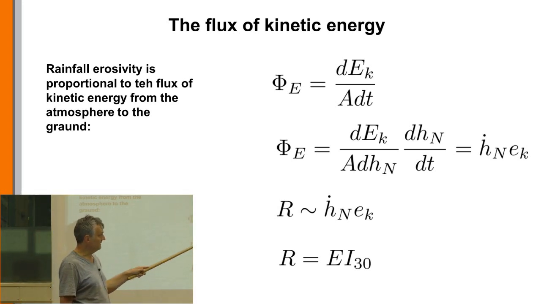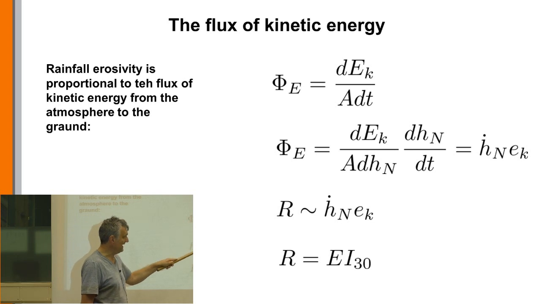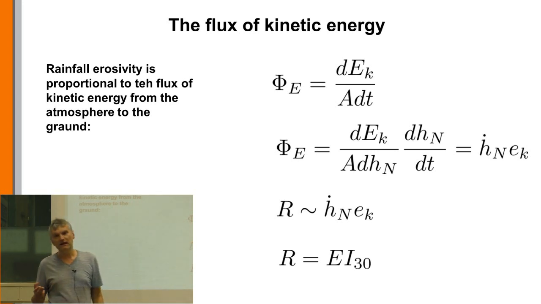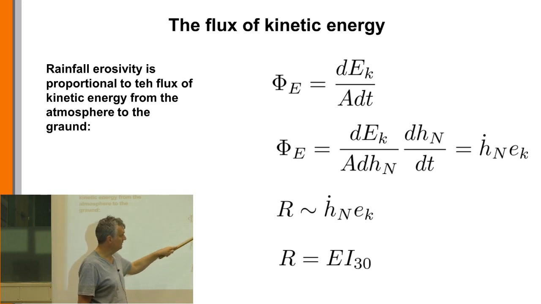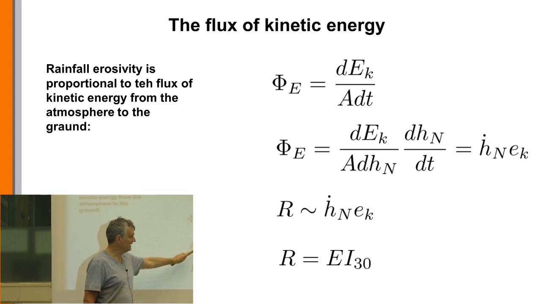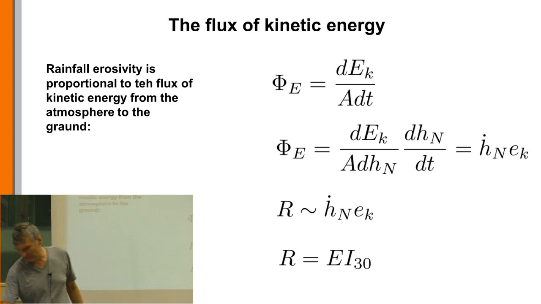When we now put a dHN here and a dHN here, then it's the same formula. We did not change the formula. When we put a dHN here and a dHN here, then we can cancel it.